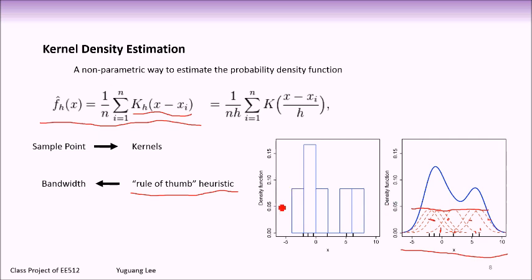So what I will do is use a rule of thumb heuristic to estimate the bandwidth, and I figure out the centers, so that given a distribution, I may use Gaussian functions to describe this distribution again.